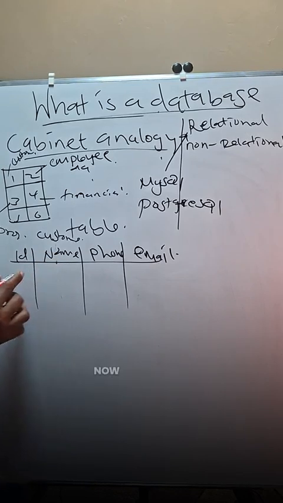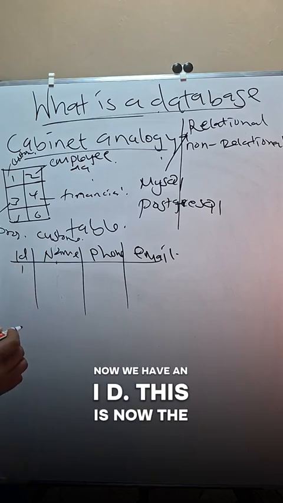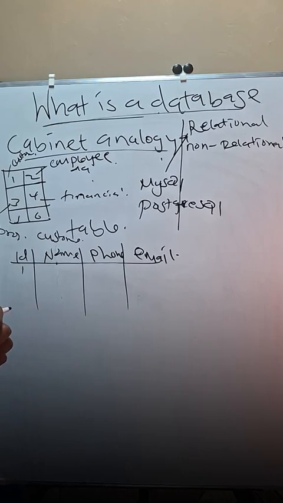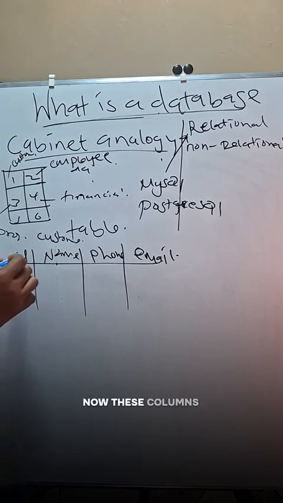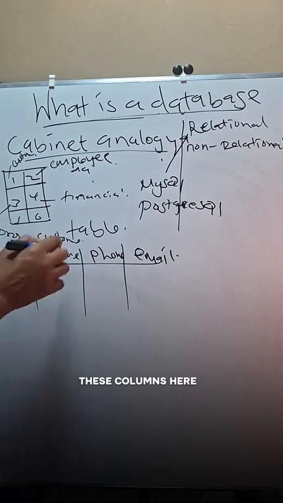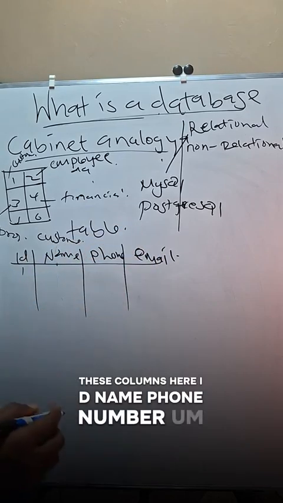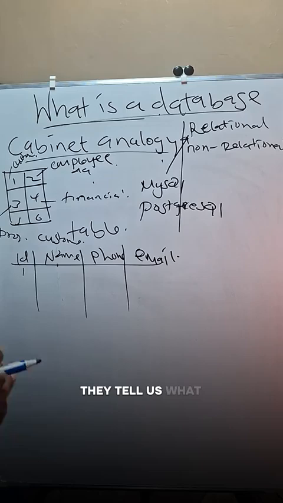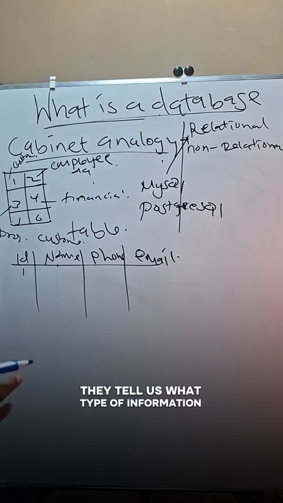At this point we have an ID. This is the unique identifier for that record. Now these columns here, ID, name, phone number, these are what we call fields. They tell us what type of information we are storing.